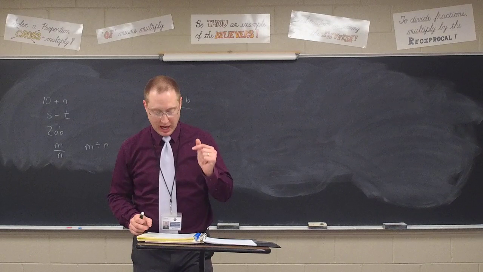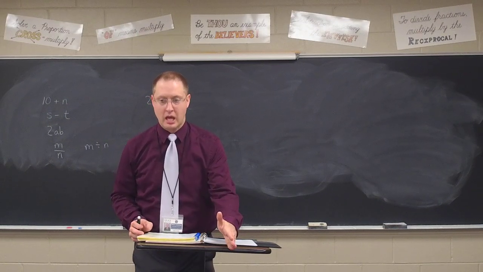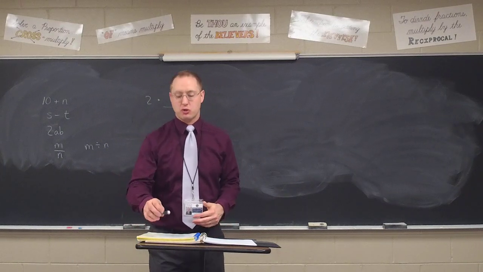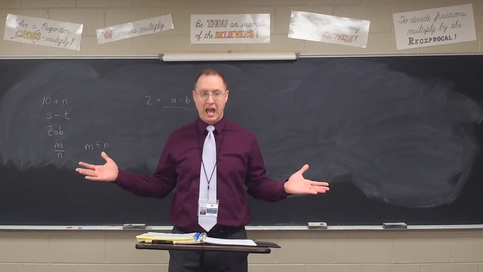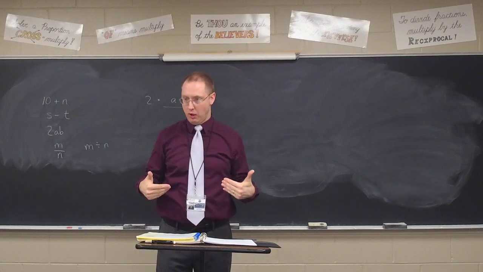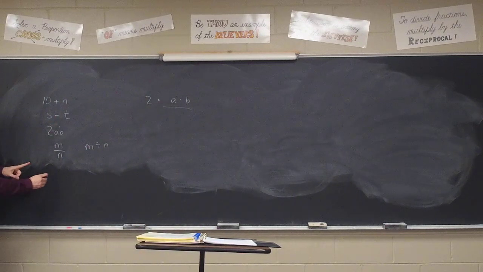It says to subtract 12 from g. And if you subtract 12 from g, class, that must mean you start with what? G. And from that g that you start with, you subtract away 12. Does that make sense? So therefore, I must first write g and then minus 12, not 12 minus g.